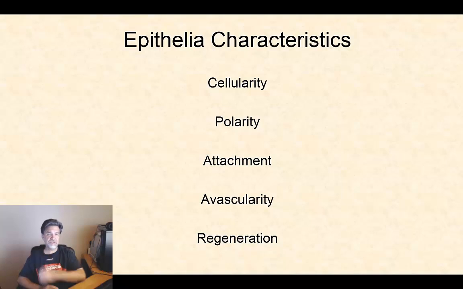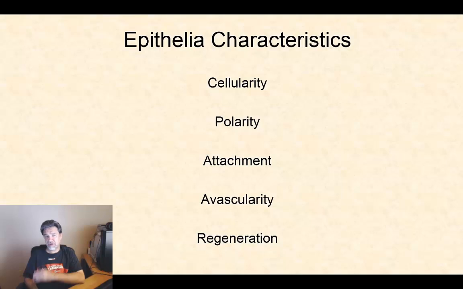Now, epithelial tissue is also avascular, which means it has no blood vessels that directly penetrate into its areas. We'll discuss why. Most of the reason is because of the basement membrane. It is a solid block to blood vessels penetrating from the deeper regions of the connective tissue that lie beneath the basement membrane. So it can't penetrate through there, so that prevents blood vessels from entering into the epithelial layer.